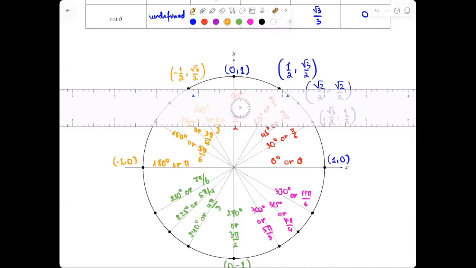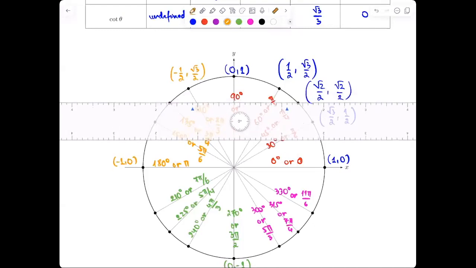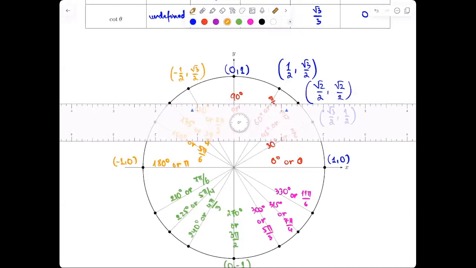But the point at 135, corresponding to this point, √2/2, √2/2. Right. Just bring that to the other side. Now the x value becomes negative.